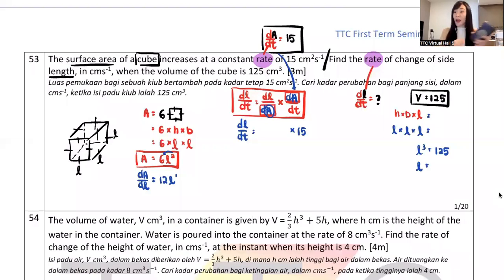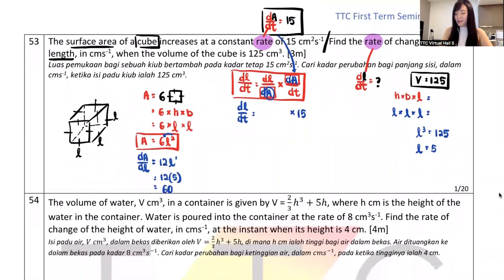Very good, Vima. So L will equal the cube root. Are you guys getting? The L is 5. So the L is 5, sub inside. Oh, my DA/DL is 60. Guys, my DA/DL is 60. What should I sub here? Very good, Macy, Mahira, ZenYu, Bunping, everyone correct.